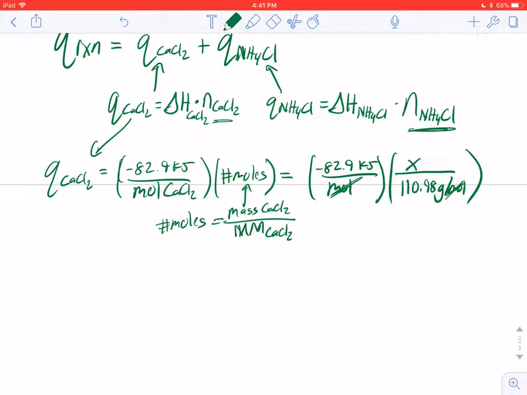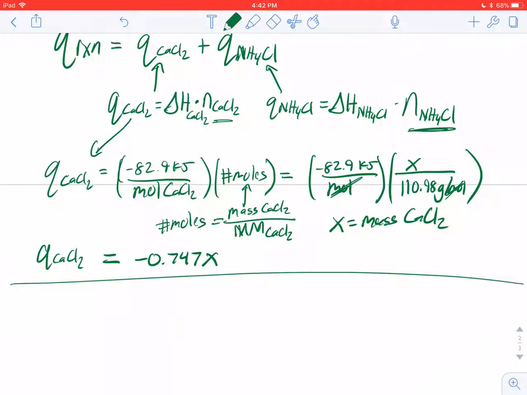And so if we go ahead and get a number for this, because we're going to use that, if I go ahead and multiply across 82.9 times X divided by 110.98, I'm going to get negative 0.747X, right? And remember, we defined X as the mass of calcium chloride. Okay, so now we have an expression for calcium chloride.